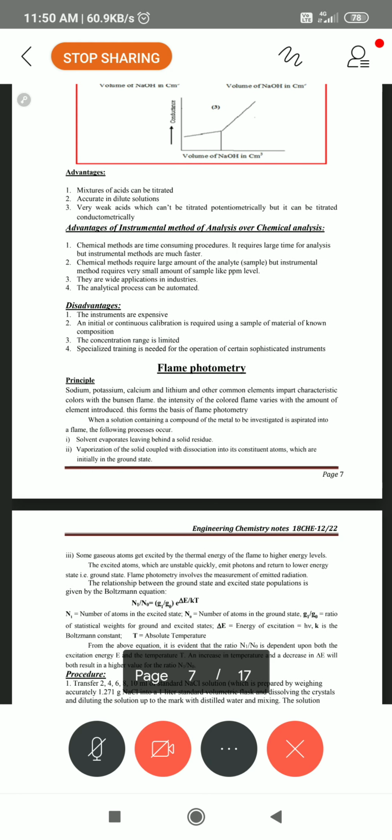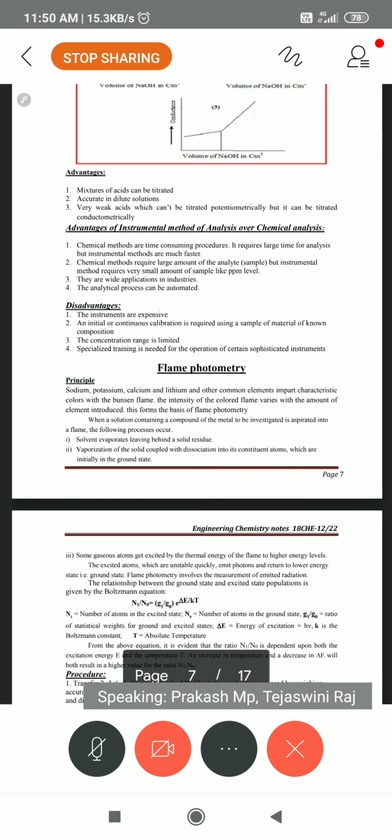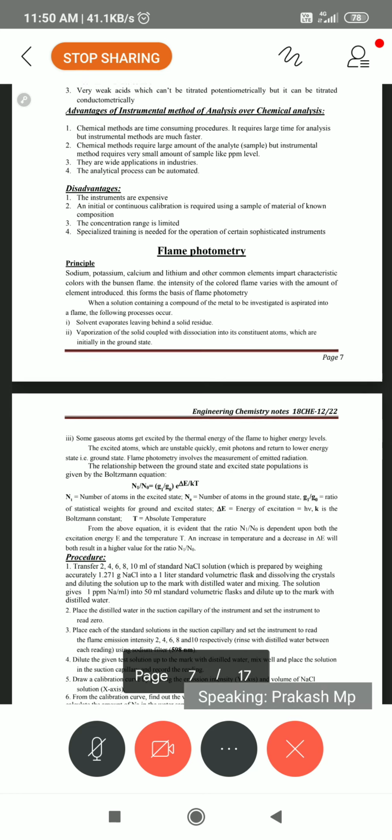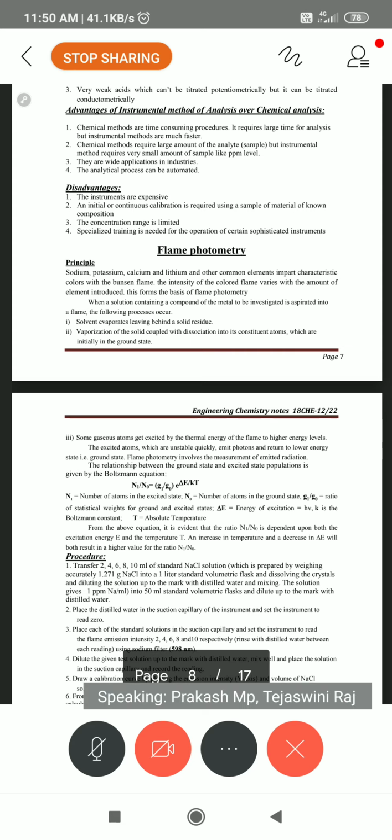The Boltzmann equation is N1 divided by N naught equals G1 divided by G naught times e to the power of minus delta E divided by kT. Here N is the number of atoms, in 20 ppm, 40 ppm, whatever the solutions. N1 is how many atoms are sucked up by the aspirator tube.